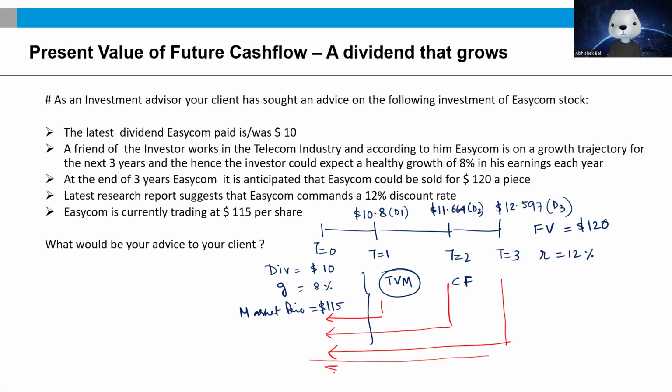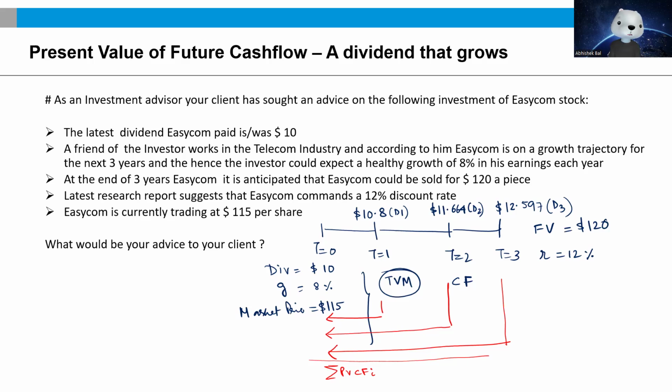So your calculator is going to do the same job, but that's going to save you a plethora of time, because in your actual exam, will this type of problem show up? Yes, most definitely this will show up. And obviously CFA Institute would expect you to be nimble with your calculator, to be smart, efficient with your calculator, to be proficient in keying in the values. All right, so let's just do the job.